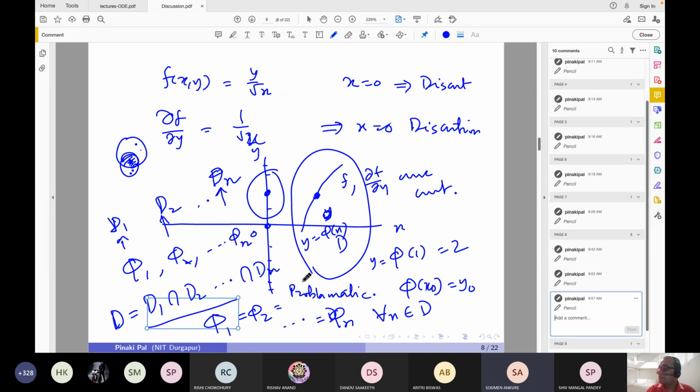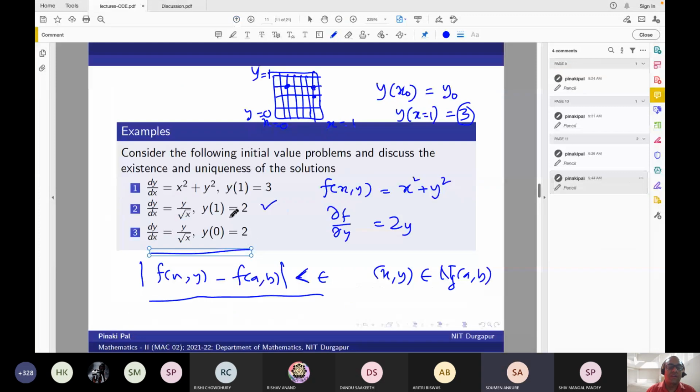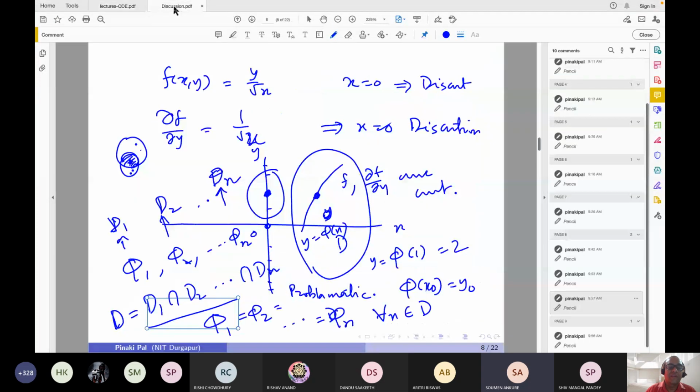So phi of 0 should be equal to 2, not phi of 1. It is example 3, and in examples 1 and 2 also phi of 1 is equal to 2. But in example 3, x is 0, sir, so phi of 0 should be equal to 2, not phi of 1.